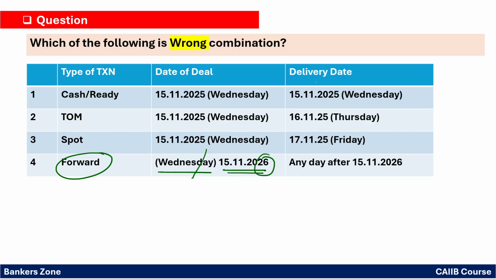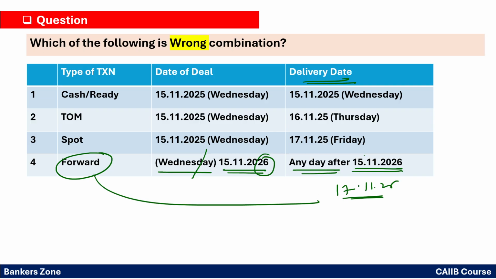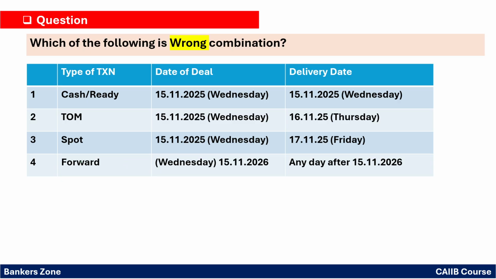However, for the delivery date, they have mentioned any day after 15th of November. So is it correct? Any day beyond 17th of November can be the forward, not the 15th, right? So it is wrong. Beyond the spot, the forward starts. So you have to mark the fourth as the wrong combination.